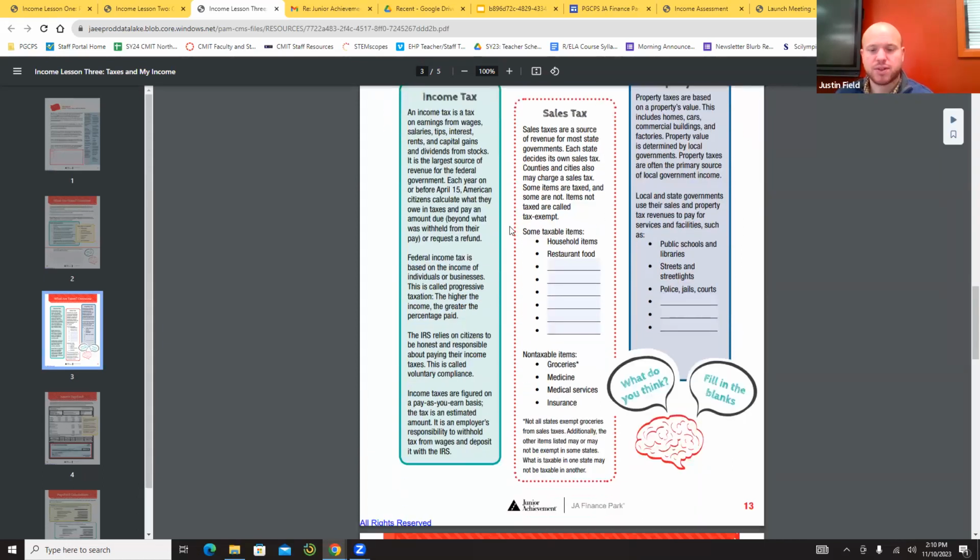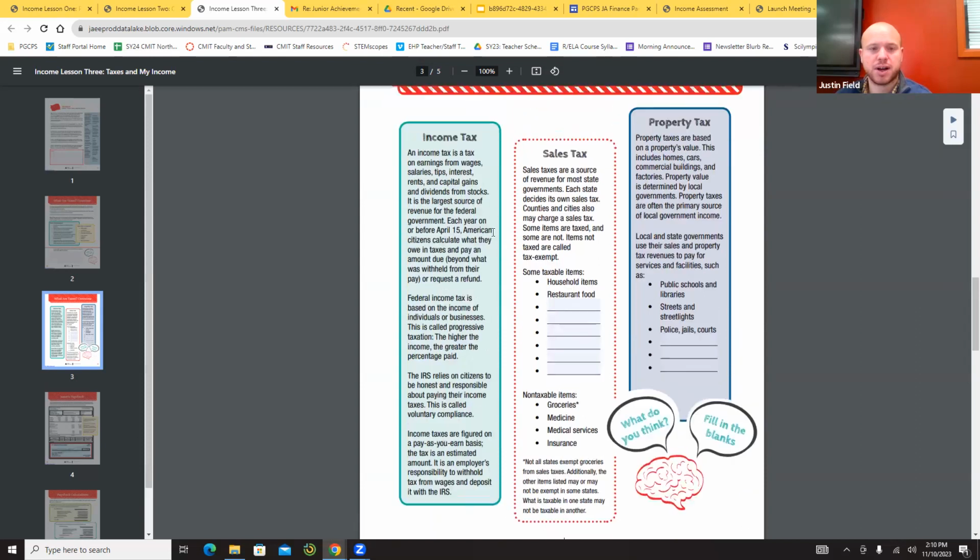Okay, so we have the 3 taxes they talked about, although there are others. Let's read them. Income tax. An income tax is a tax on earnings from wages, salaries, tips, interest, rents, and capital gains, and dividends from stocks. It is the largest source of revenue for the federal government.